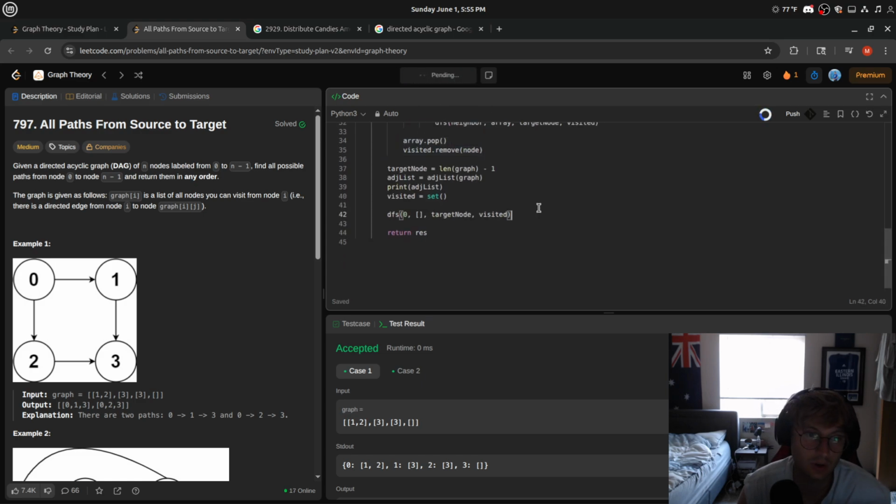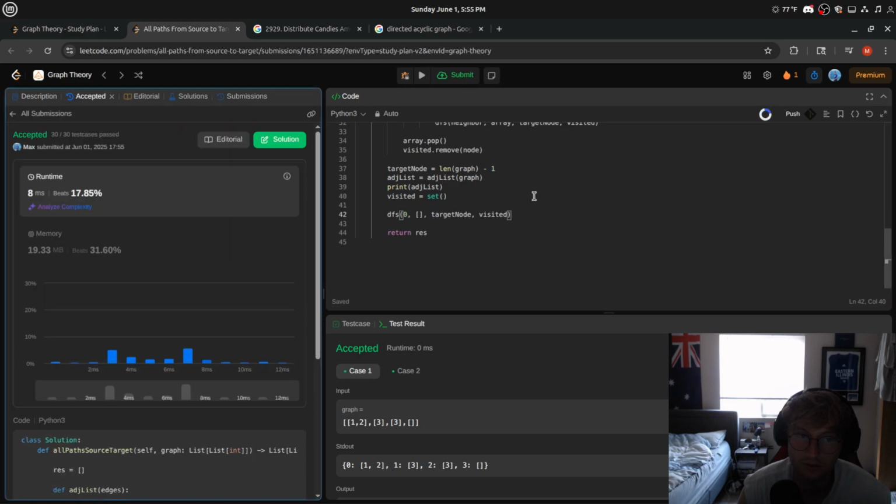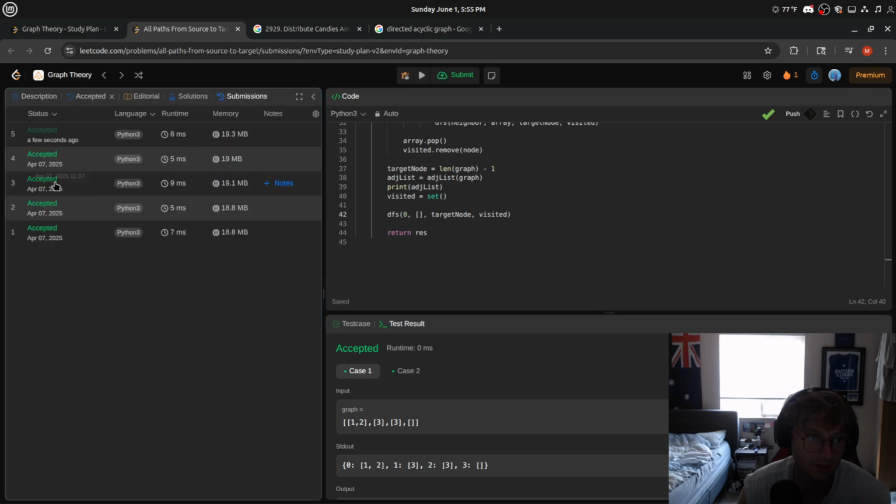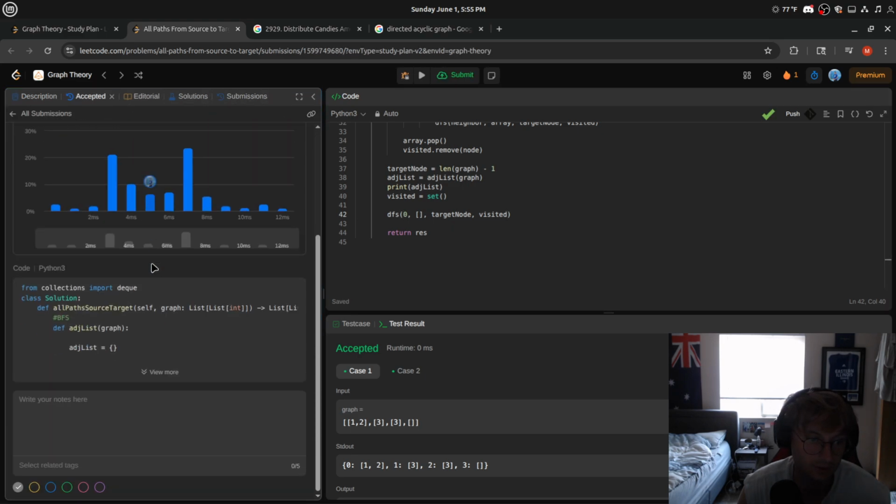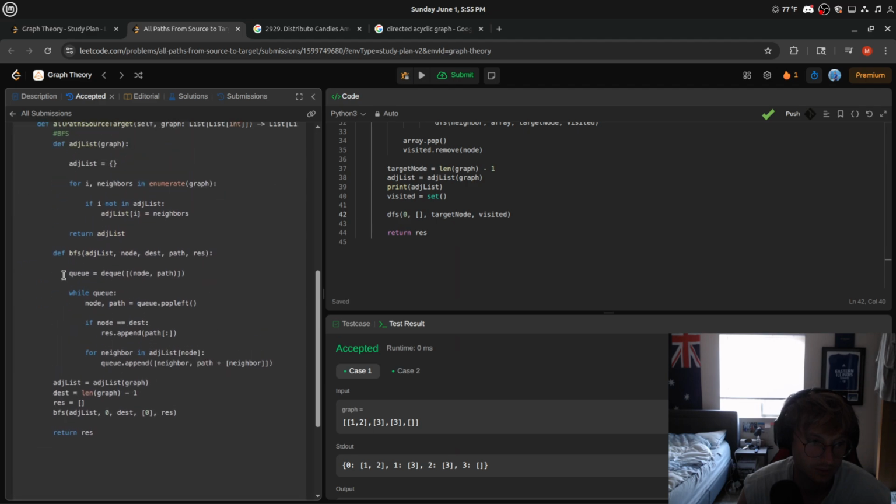It's probably way too much code for this question. Let's see what I did last time, because I bet it's way, way smaller. We did a BFS with the queue. It's an interesting way to do it.